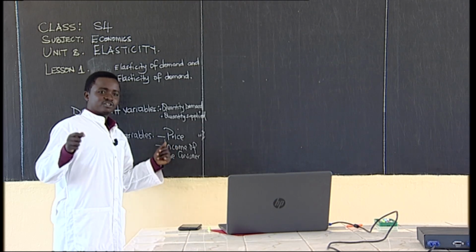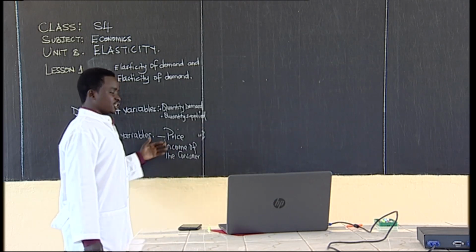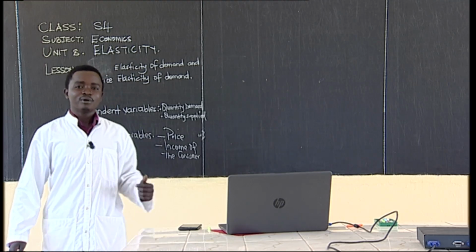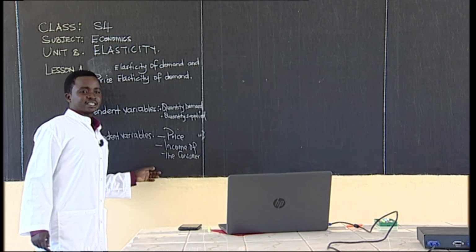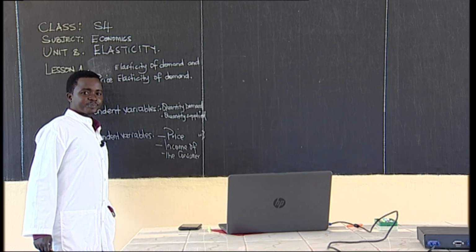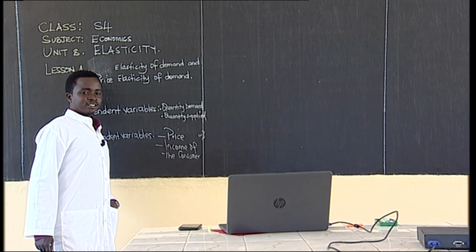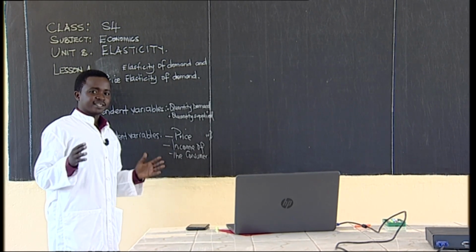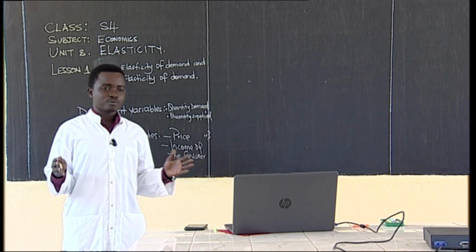So with elasticity of demand, we want to measure the degree of responsiveness of quantity demanded of a commodity to changes in factors affecting demand. We talked about the theory of demand, and we looked at factors which influence quantity demanded of a commodity.